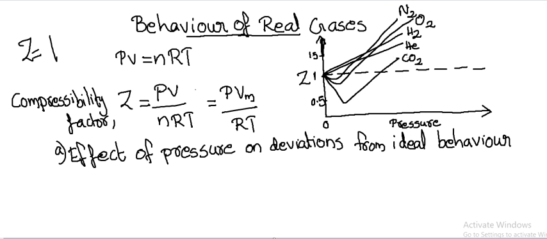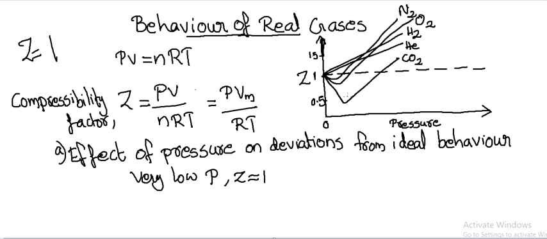From this graph, we can say that at very low pressures, Z is approximately equal to 1, indicating the ideal gas behavior.